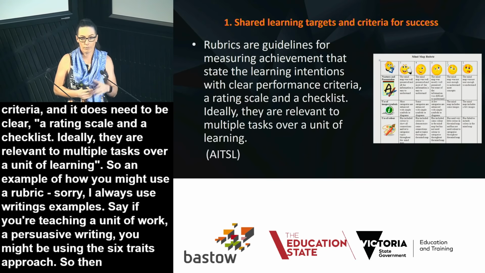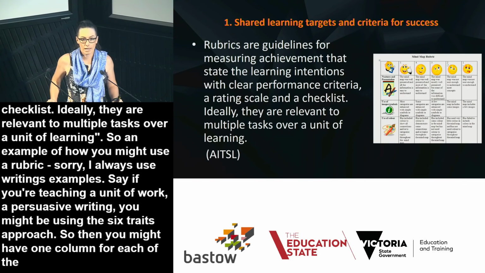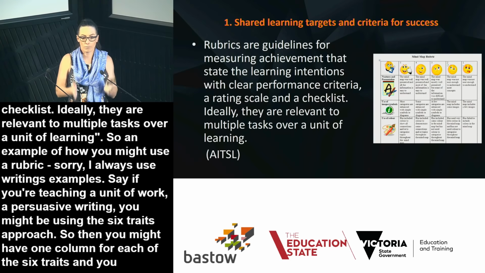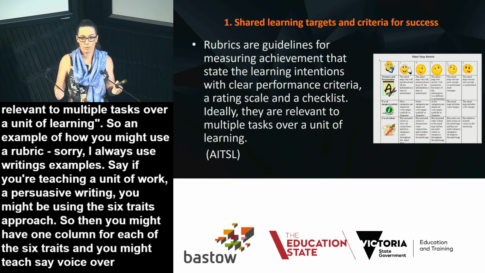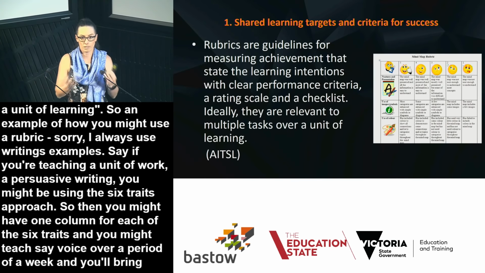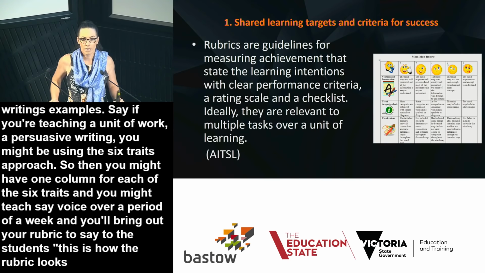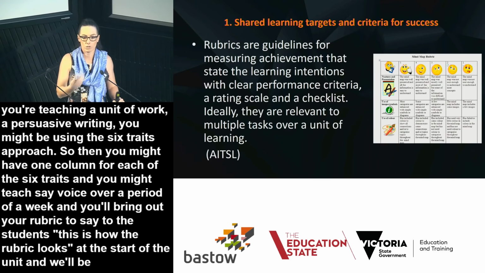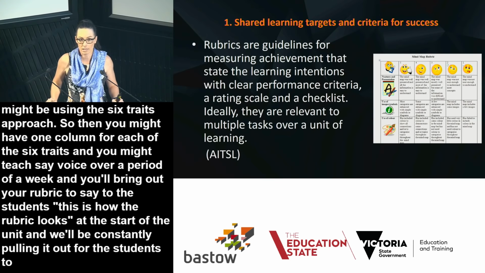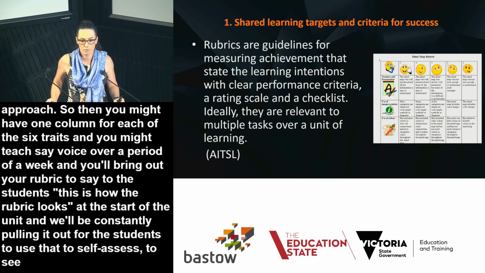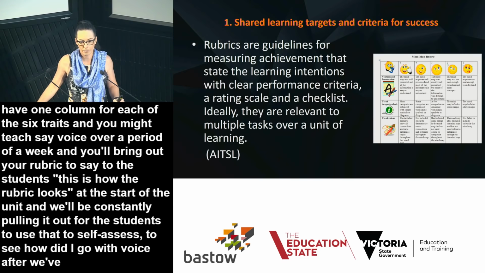So then you might have one column for each of the 6 traits, and you might teach, say, voice over a period of a week, and you'll bring out your rubric to say to the students, this is how the rubric looks at the start of the unit, and we'll be constantly pulling it out for the students to use that to self-assess, to see how did I go with voice after we've done some explicit teaching on it.